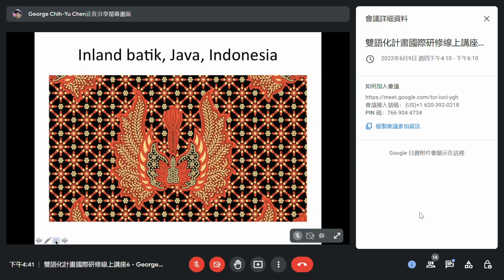Here we have an inland batik. In the center of the design, we see a bird-like motif. And that's actually a bird. And this is called Garuda. Garuda is a national symbol of Indonesia. Garuda is a mythical golden eagle.